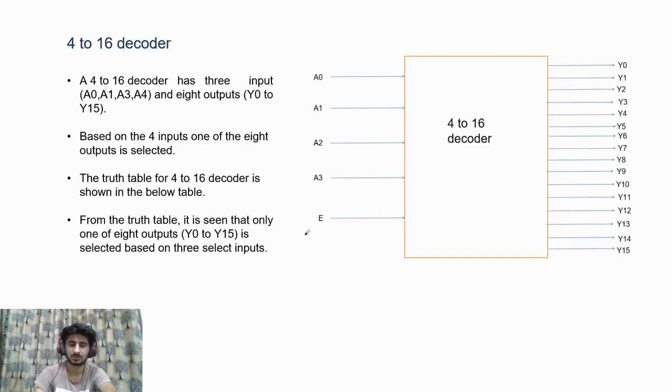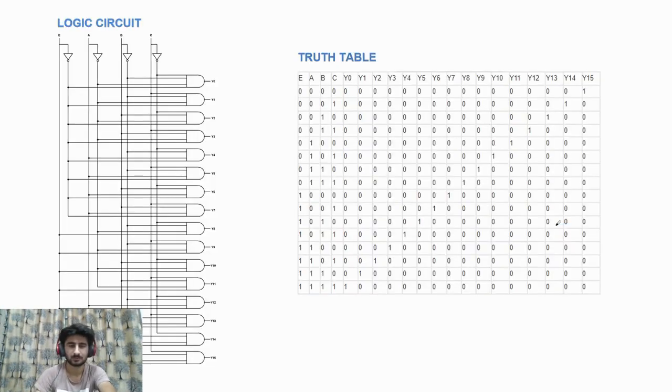Let's see the 4 to 16 decoder. A 4 to 16 decoder is just the same as the 3 to 8 decoder, but it has 4 input lines. Other than the 4 input lines, there is also an enable input and 16 output lines. The same principle applies: based on these 4 inputs, one of the outputs will be selected.